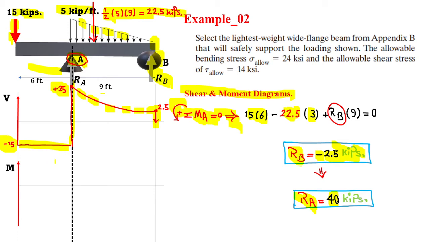If we want to draw the moment, the area under shear is moment, so 6 times 15 is negative 90 down here.